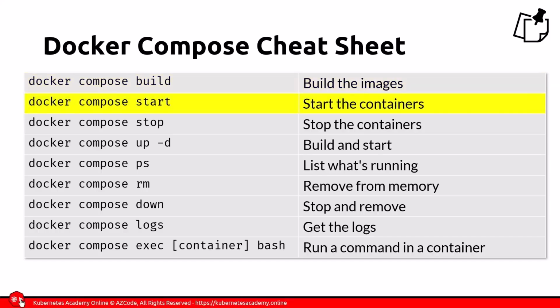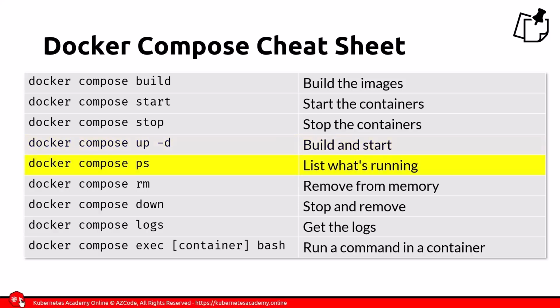Start will start all the containers as defined in your YAML file. Stop will stop them, but they'll remain in memory. Up will do a build followed by a start. This is super handy. Use the -d parameter to run the command in the background and take back your terminal prompt.